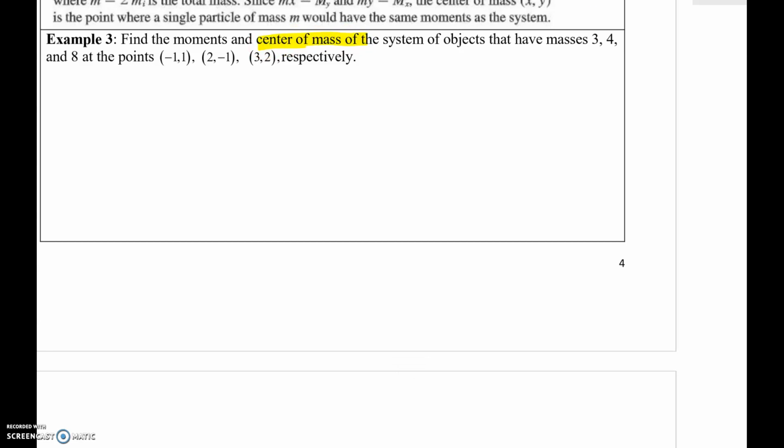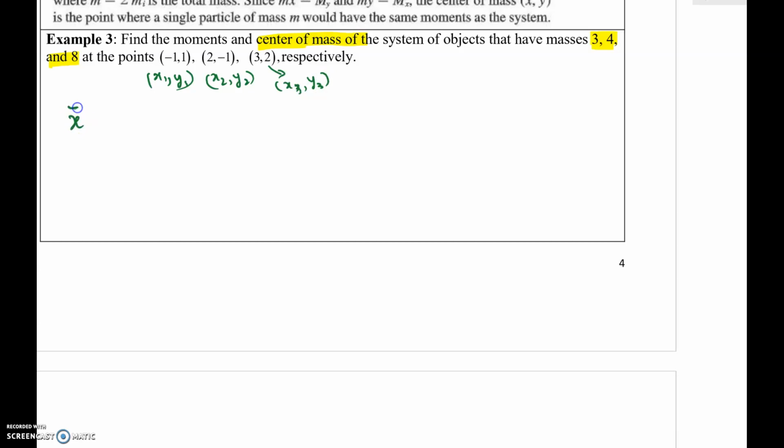You are given the masses m1, m2, m3, which are 3, 4 and 8, and the points where the masses are located, which are (x1, y1), (x2, y2) and (x3, y3).